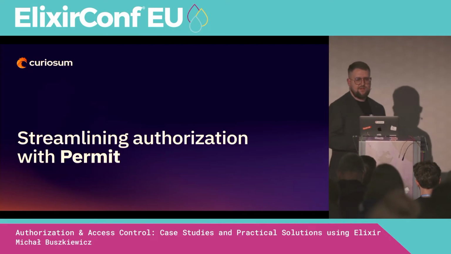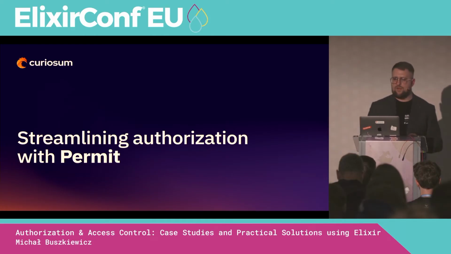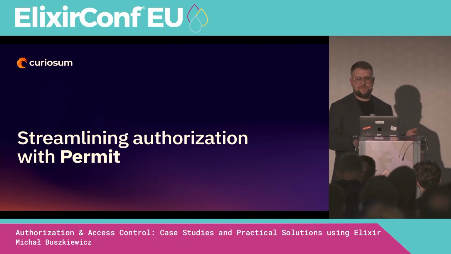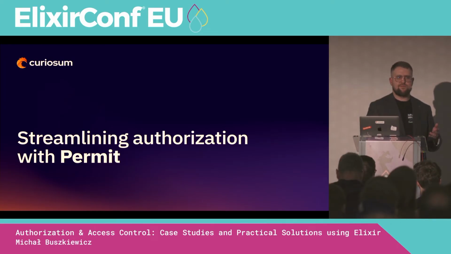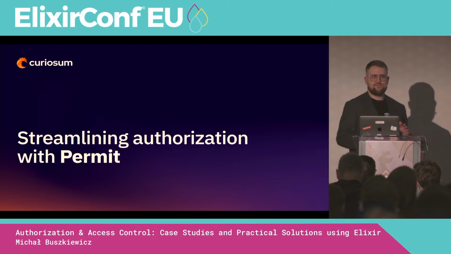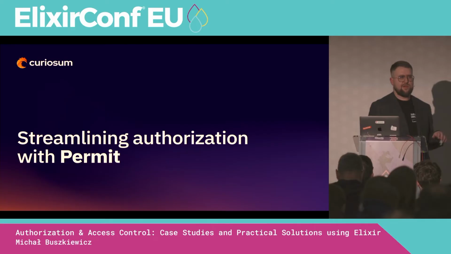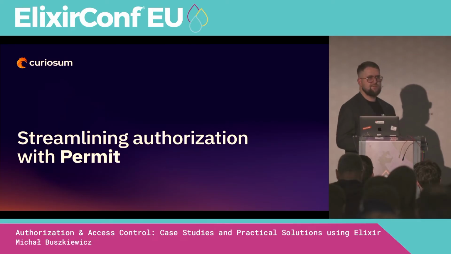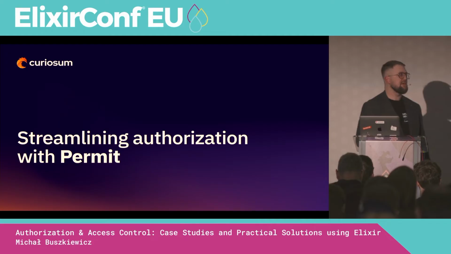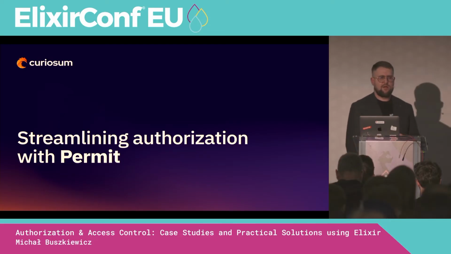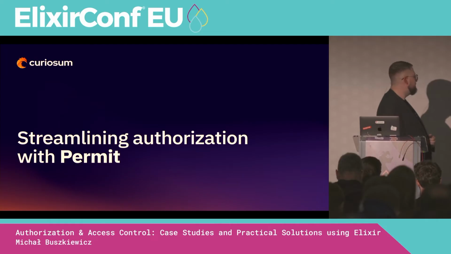So here comes the next part, which I'm pretty excited to tell you about. We're going to talk about the Permit library we wrote. Actually, this is something consisting of 4 libraries right now: the base one, Permit Ecto, which provides an Ecto integration, Permit Phoenix, which provides the Phoenix and Phoenix LiveView integrations, as well as the new, upcoming Permit Absinthe, which is going to, as the title says, be an Absinthe integration.